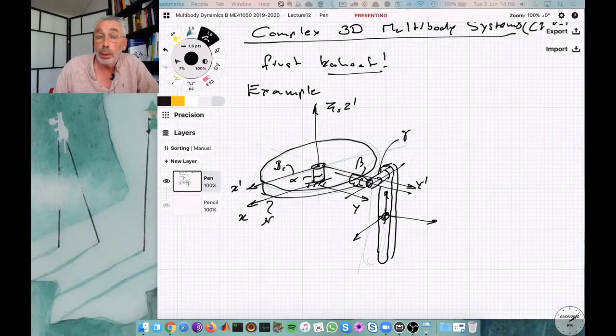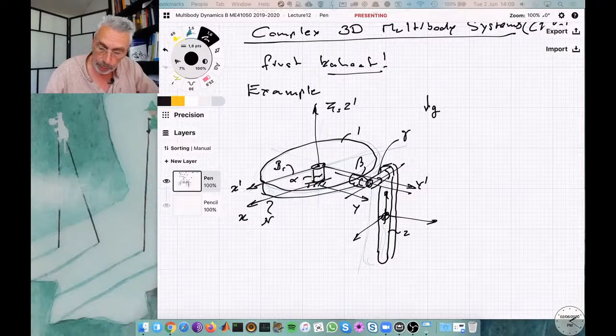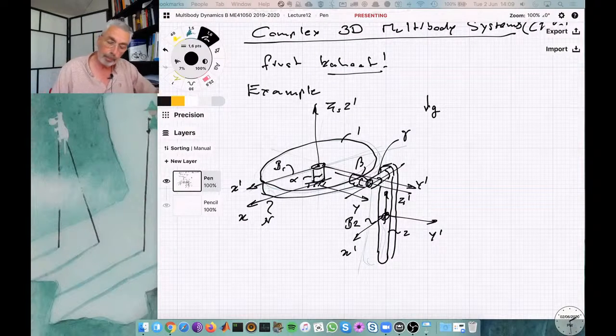So let's say in this initial hanging-down configuration, and maybe we also have gravity here, this is body 2 and this is body 1. Then I have a body 2 coordinate system, again with X prime, Y prime, and Z prime here.